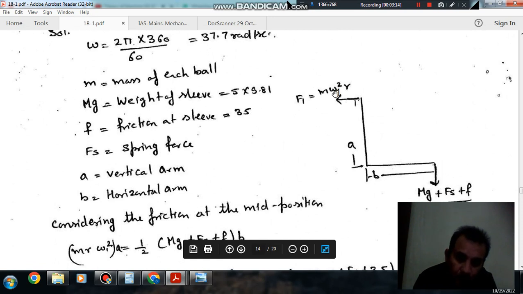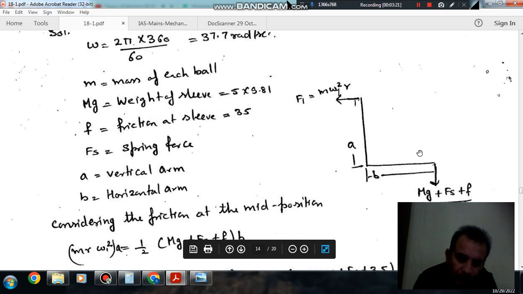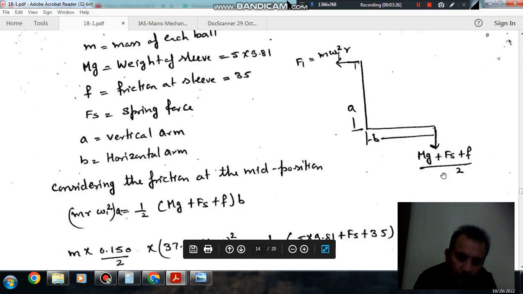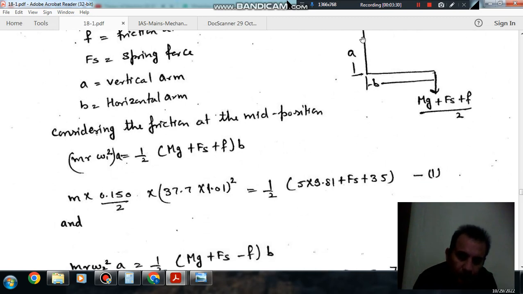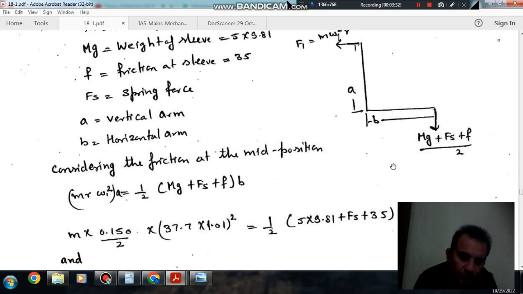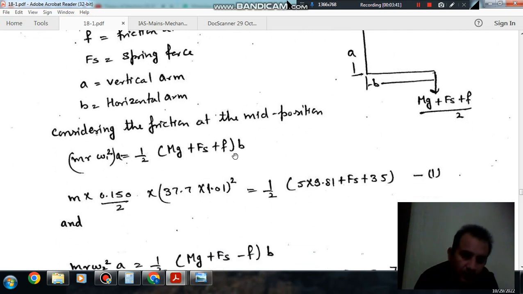Now, taking moment about this point, it will be F1 into a plus F1 into a counterclockwise, and this is clockwise: (mg plus Fs plus F) by 2 into b. A and b are the same, since the horizontal and vertical arms are the same, so a and b will cancel out.